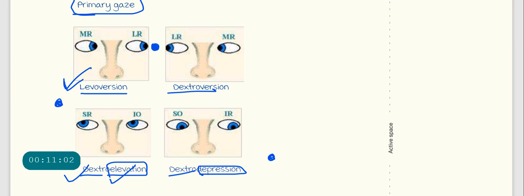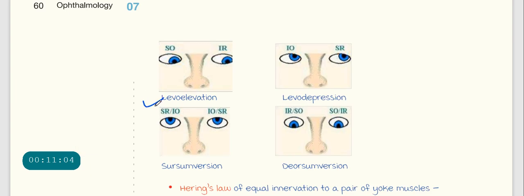Here the object would be superiorly, here the object would be inferiorly. Then circumversion, and this is known as dextro circumversion. This is levo depression, levo elevation.